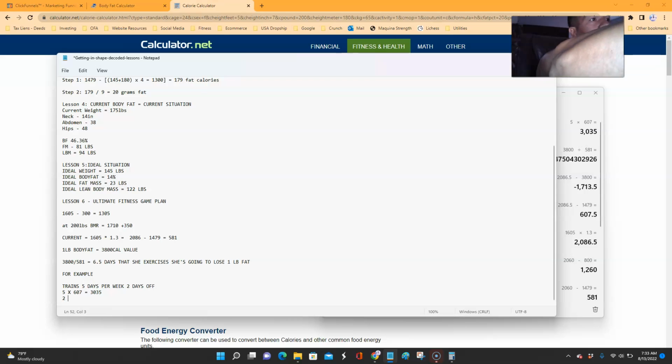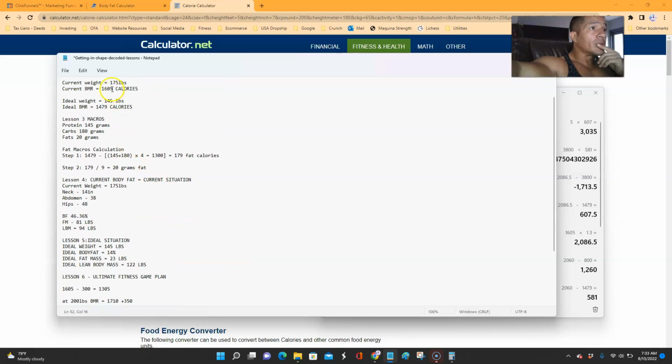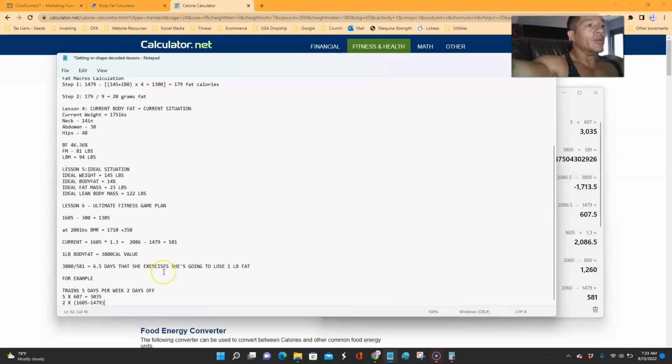Deficit. And then 2 days, she's going to have a 1605 minus 1479, right? This is her current BMR. This is her ideal. Okay, so 1605 minus ideal.